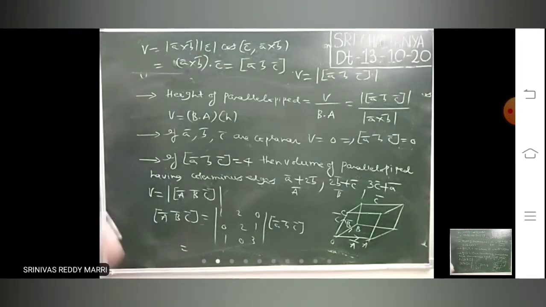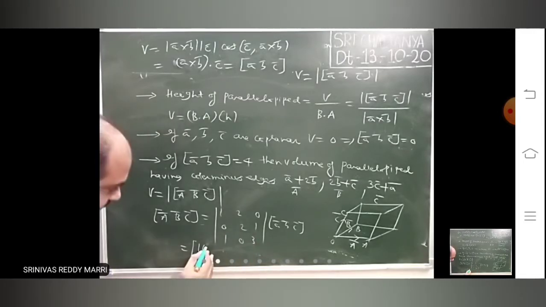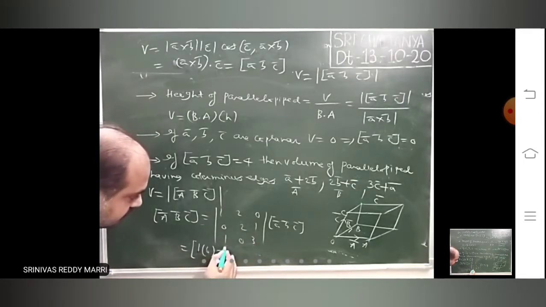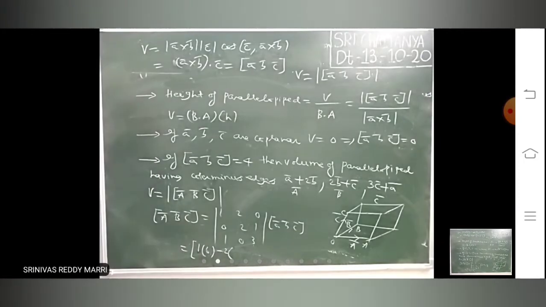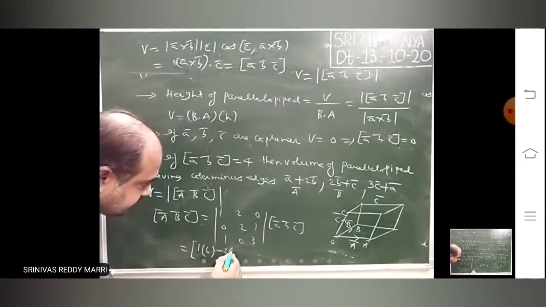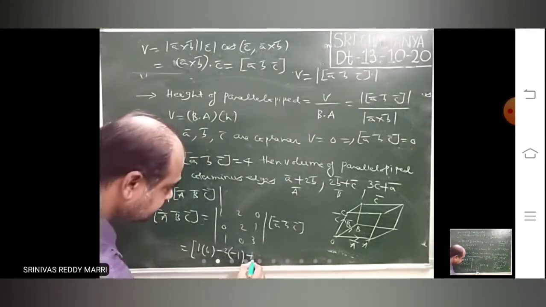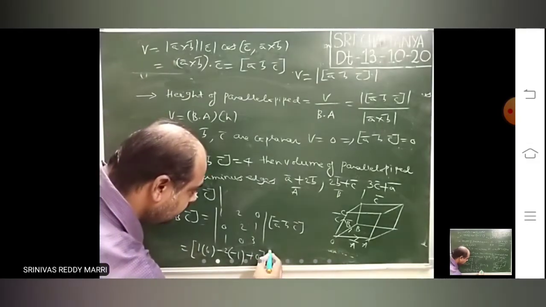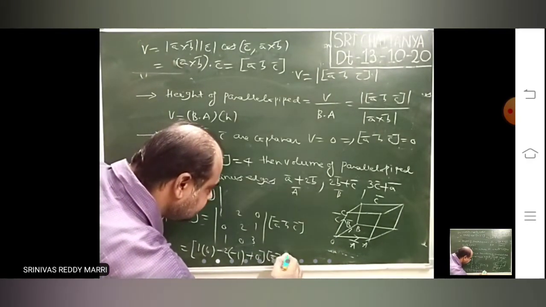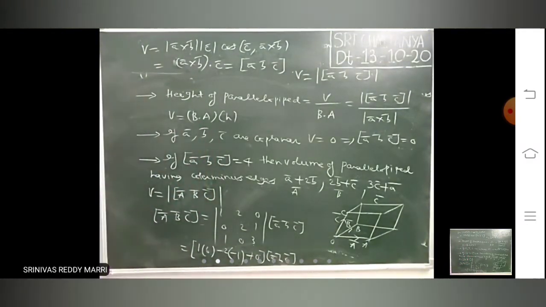So if you expand this, 1 into 6 minus 0, minus 2 into 0 minus 1, plus 0, into box ABC.